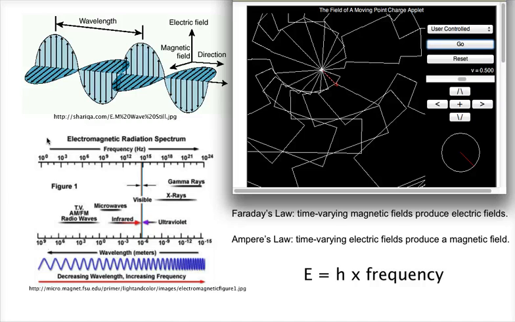It happens that the different frequencies of electromagnetic waves are things that we actually find quite familiar. Of course, with increasing frequency, they'll have decreasing wavelength. The low frequency electromagnetic waves are radio waves, then microwaves, infrared, visible, ultraviolet, X-rays, and gamma rays. And the last thing is, in the previous video, I showed you that this equation holds true: the energy of an electromagnetic wave is h, Planck's constant, times frequency. So the higher the frequency, the higher the energy.